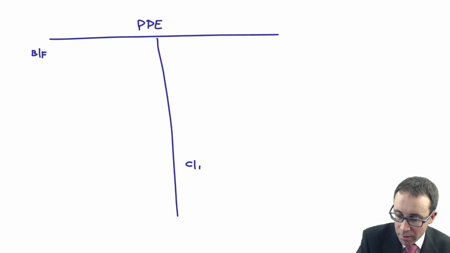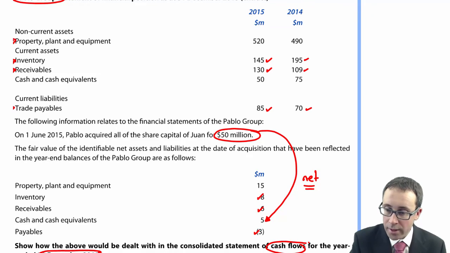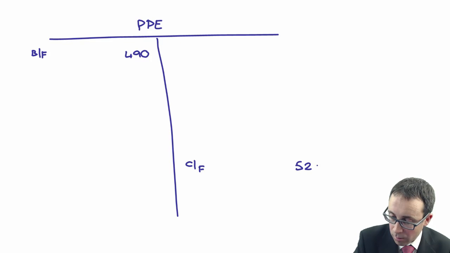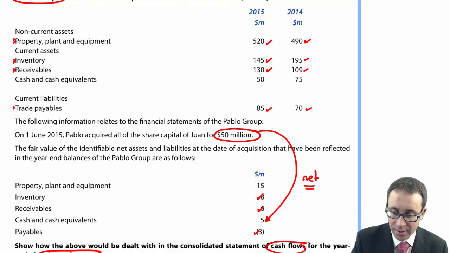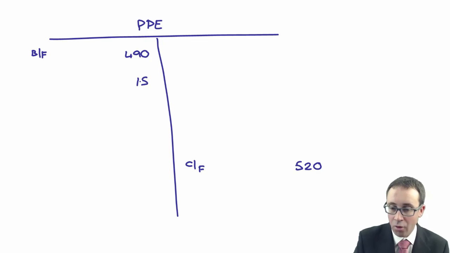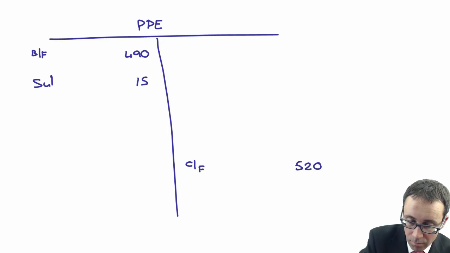So we've got our opening on the debit and our closing on the credit, haven't we? So the opening is 490, closing is 520. The only figure that we've got here is to do with the net assets, and that there is 15. So in the absence of all information, you could work out the balancing figure, couldn't we?